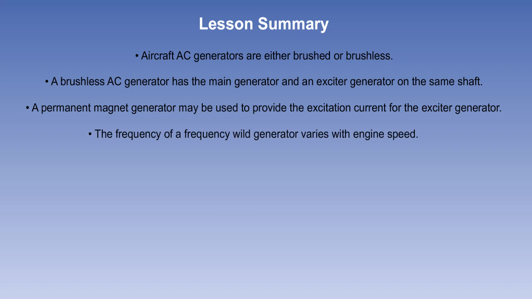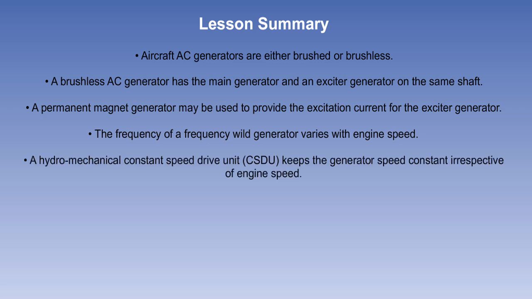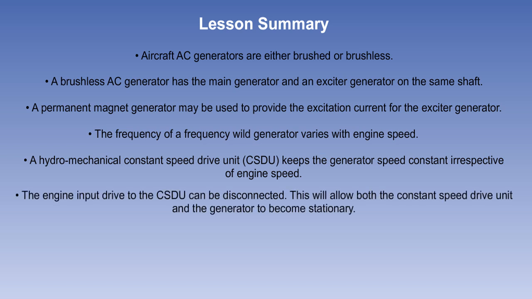The frequency of a frequency wild AC generator varies with engine speed. A hydromechanical CSDU keeps the generator speed constant, irrespective of engine speed. The engine input drive to the CSDU can be disconnected. This will allow both the constant speed drive unit and the generator to become stationary.